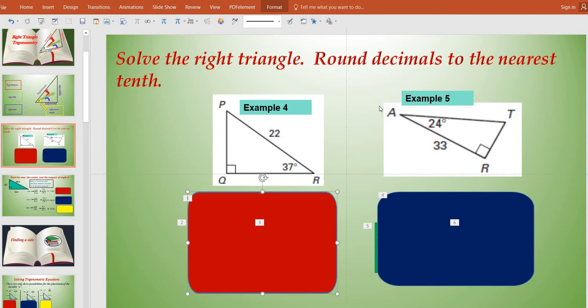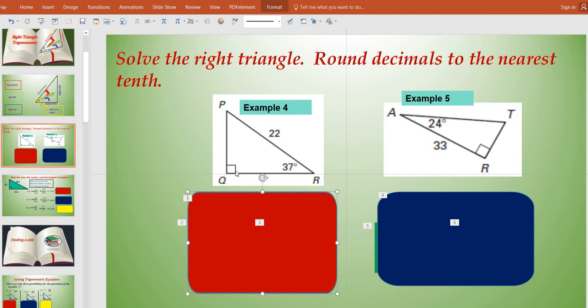What is the meaning of solving a triangle? Any triangle has 3 sides and 3 angles. We have to know the lengths of the 3 sides and the measures of the 3 angles. In this triangle, we know 2 angles, the hypotenuse, and 1 side.